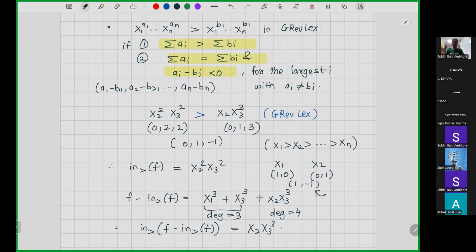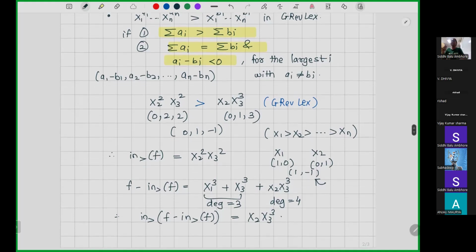See, when we have this monomial, it has nothing to do with the power of x1 and x2. For example, if you're saying that we are preferring x2, let me show you that x2 square x3 cube is anyway less than x1 square x3 square.